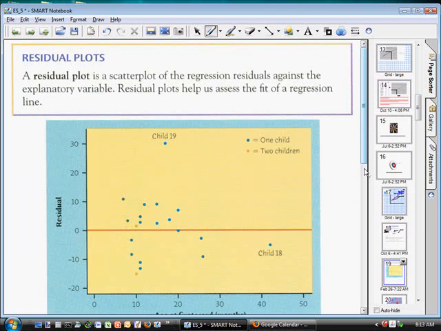Now, I want to just talk briefly about residual plots. Actually, I'm probably not going to have you do residual plots, but I at least want to show you what they look like. Okay? You take all these numbers, half positive and half negative, and you can plot them on a graph with the 0 mark kind of highlighted.